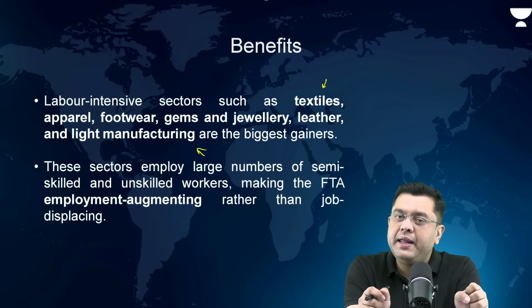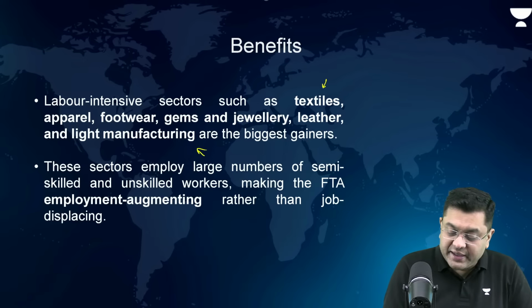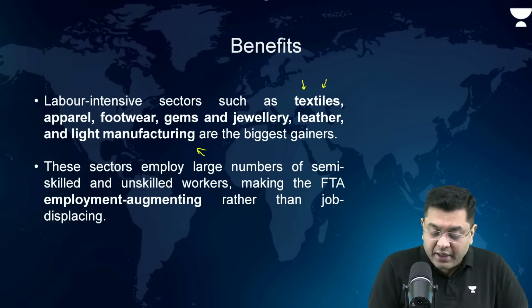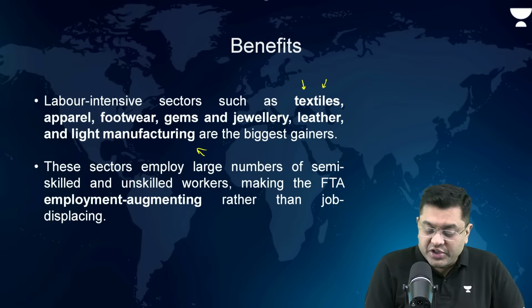Amongst these, if you consider textile, apparel, gems and jewelry, these are the sectors which were and are being impacted substantially due to the US tariffs on India. The US has imposed close to 50% tariffs on India. So these sectors are heavily impacted. There is a lot of hiring and firing going on in these sectors. So those sectors will benefit.